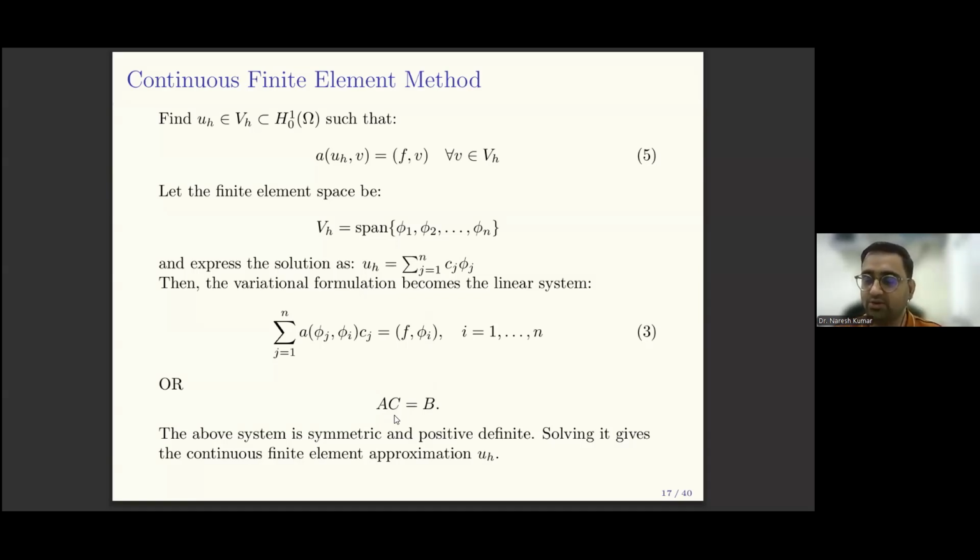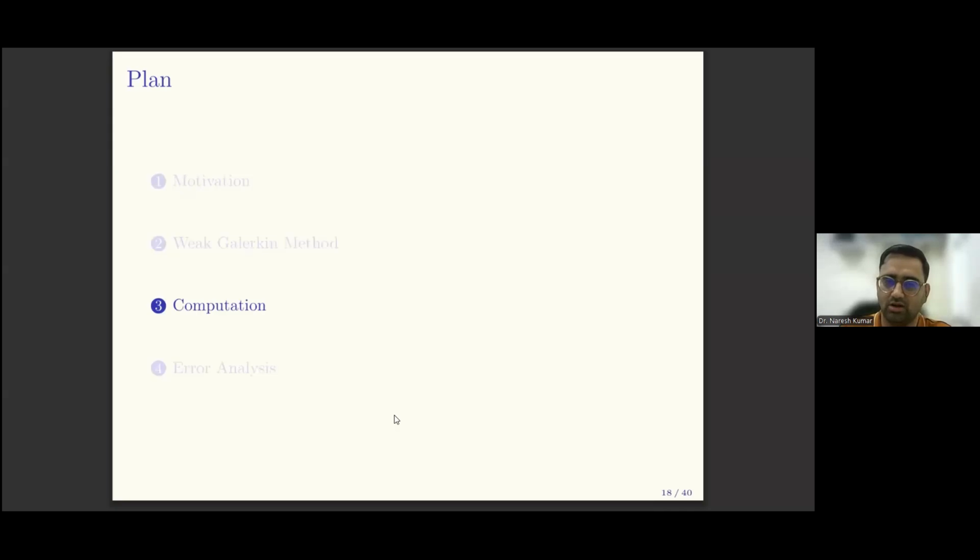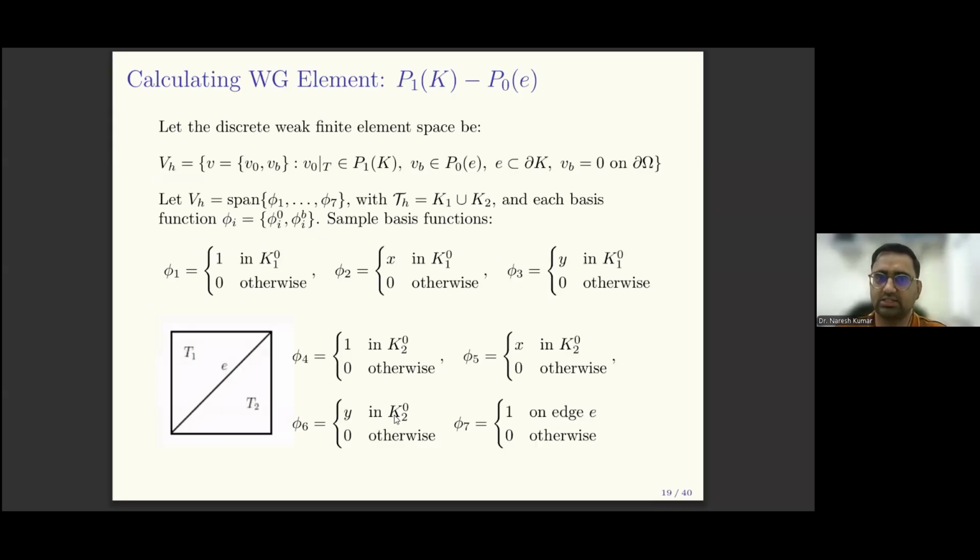Now I will explain how the same thing can be applied in the WG method, how we can implement the WG method for an elliptic problem, suppose the simple Poisson equation. So in this section, I will discuss the computation part. For the easy way, I just take the linear polynomial in the interior part and the constant polynomial on the edges.